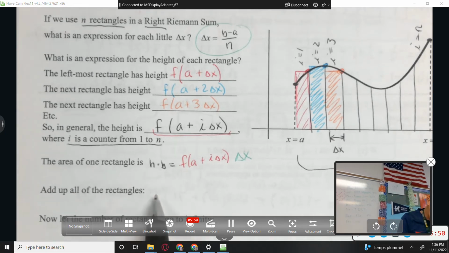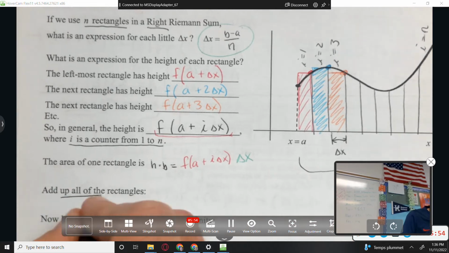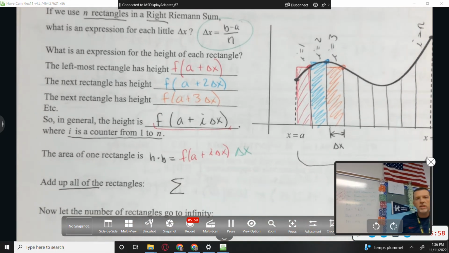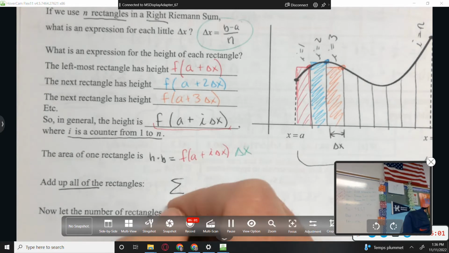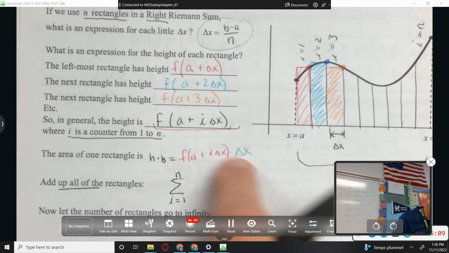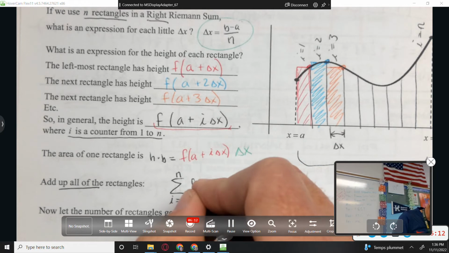And so if we add up all of the rectangles, here's that symbol that some of you don't like, the sum from i equals 1 to n. So sum up everything counting from 1 to n. And the sum we want to take is all of those areas.